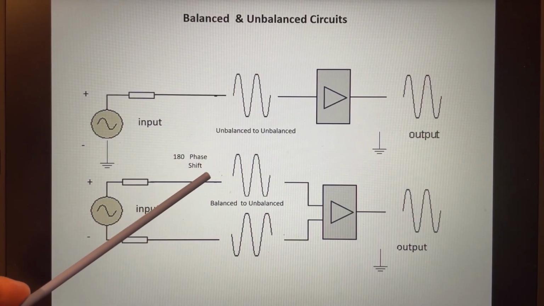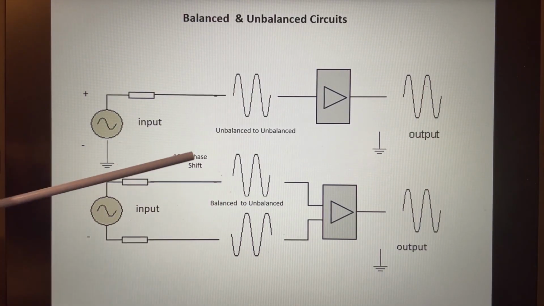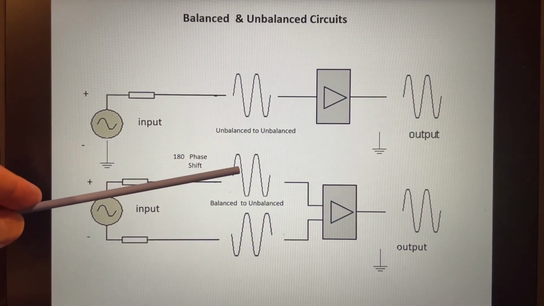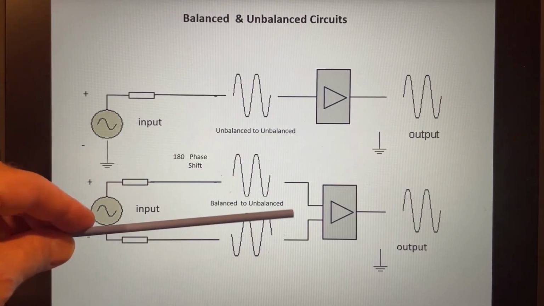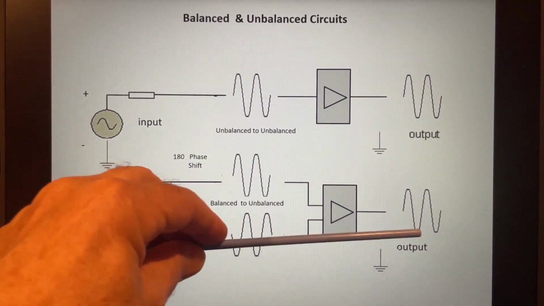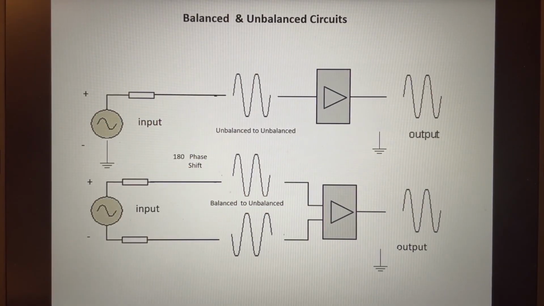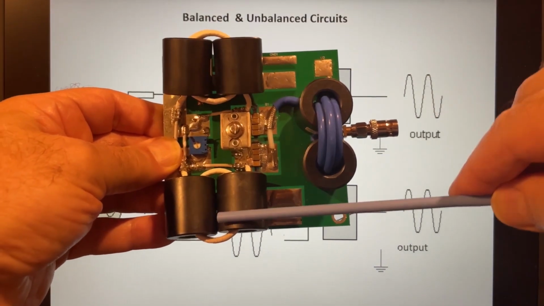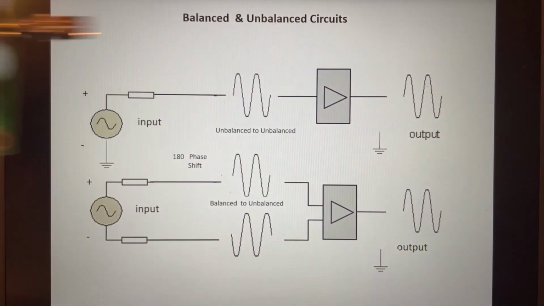So this would be basically for a push-pull amplifier, right, where we have 2 inputs, okay, and we have 180-degree phase shift, which I'm showing here, and we go from balanced to unbalanced, and we would typically use like a 1-to-1 column, like the one I showed on my circuit board here. This is what converts it from a balanced input to unbalanced here.